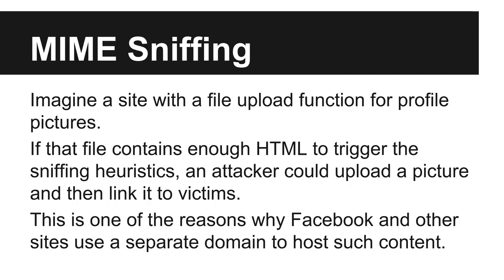At that point, they're able to execute anything the user can in the context of where that file was uploaded. This is one of the reasons that Facebook and other sites use separate domains to host pictures and videos, everything like that. And we're going to talk a little bit more about separate domains in a moment with same origin policy, which is what really governs cross-domain accesses.